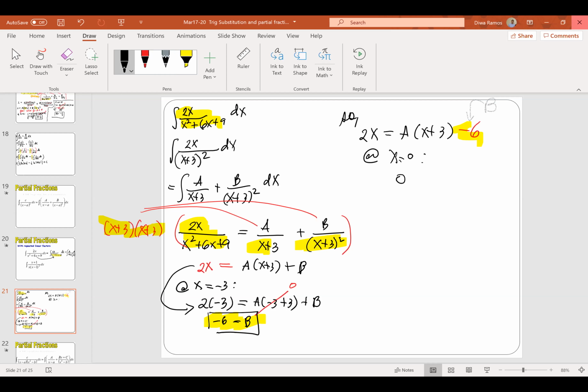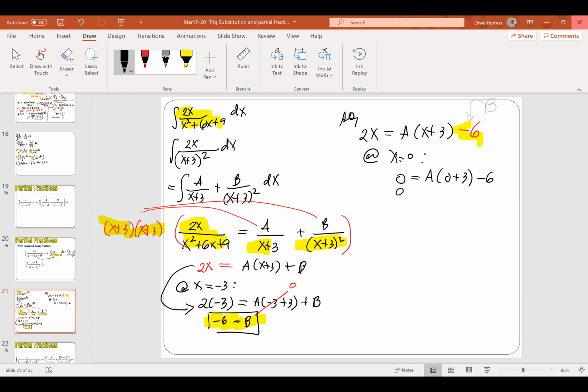Well, x represents any variable. You can choose any number that you want. So A times 0 plus 3, minus 6. And mind you, I chose 0 only after finding out what B is. Because otherwise, we can't cancel B from the get-go, as you can see here, by losing A over there.